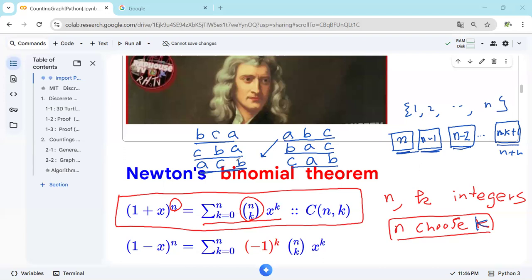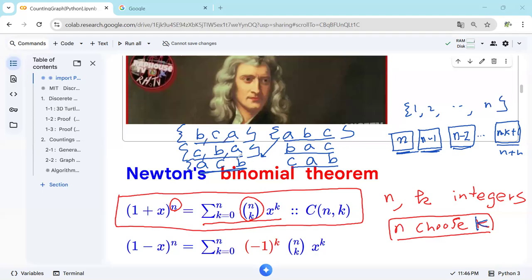But we just wanted to select three elements from the n-element set. If we use set notation, these sets are all the same.